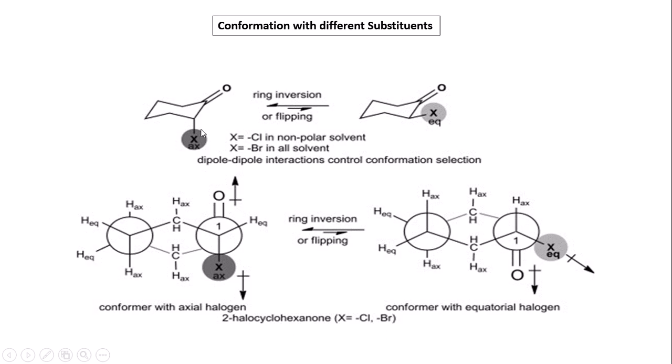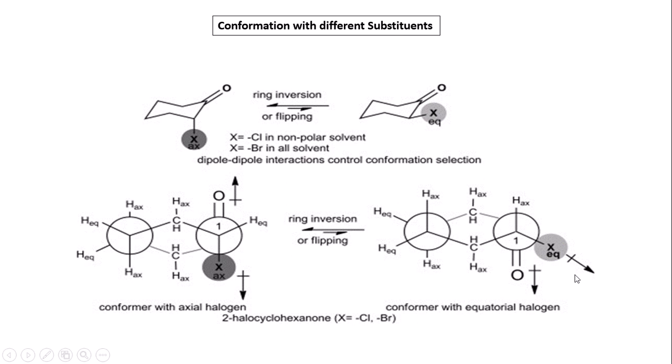Next, if we see the X group, in the presence of chlorine and bromine, we know that the axial orientation is more preferable compared to the equatorial orientation. If we see the Newman projection, the carbonyl group and the X group are in the anti orientation, which is less dipolar compared to the equatorial orientation.